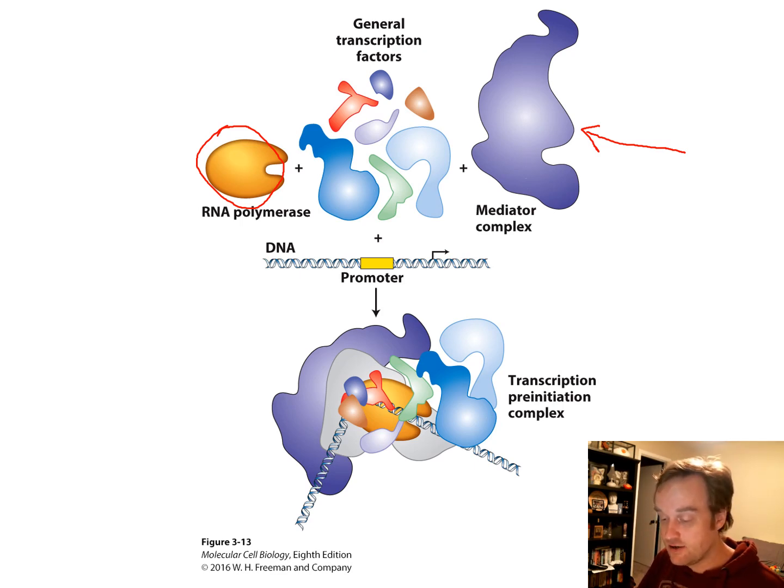And then all these other transcription factors are responsible for initiation of transcription, but they're also kind of the on-off switch of transcription. So they're required to be turned on themselves upstream in order for this gene to be transcribed.